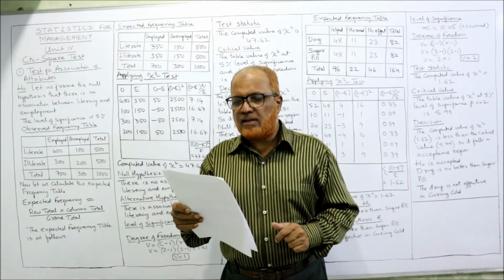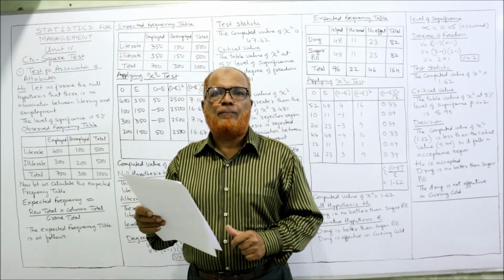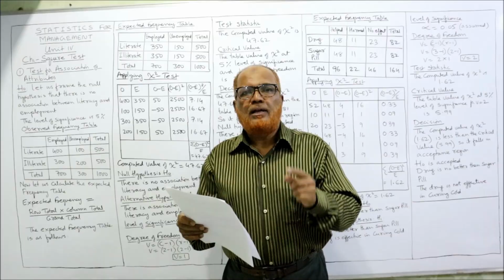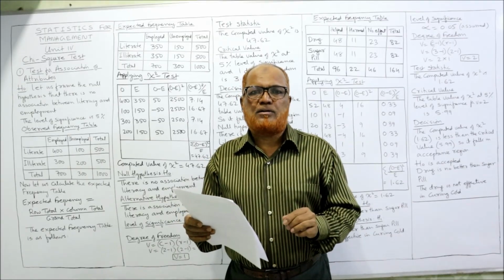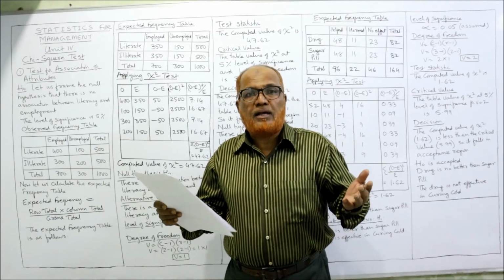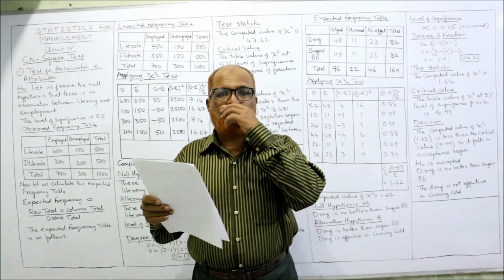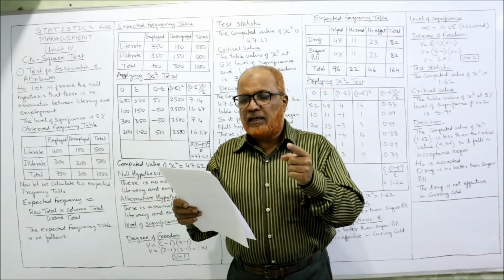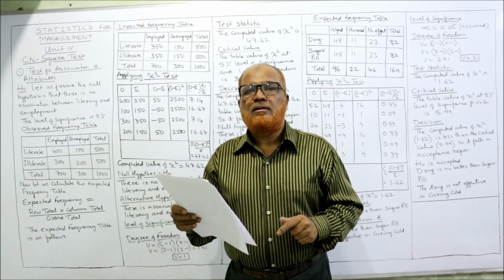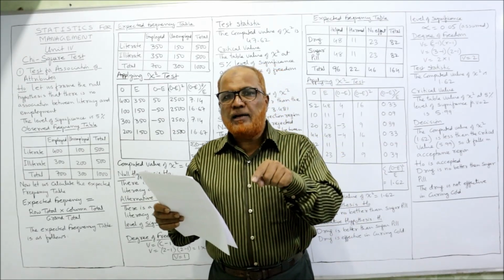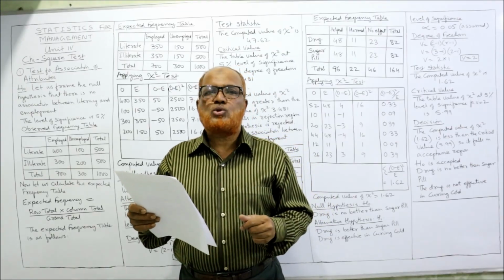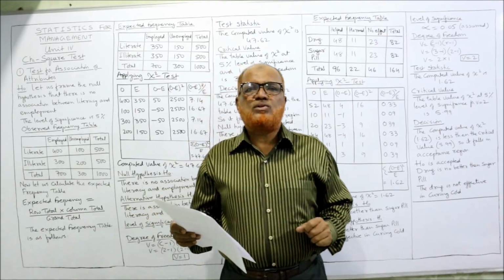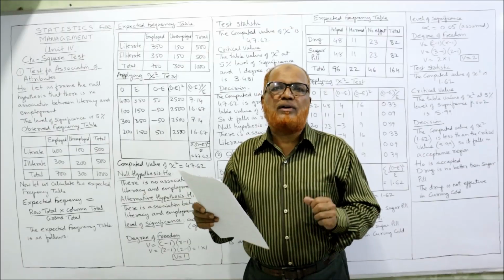We have taken a sample of 1000 people. Literate and employed, that means they are employed and literate, 400 people. Literate, unemployed, 100. Illiterate, employed, 300. And illiterate, unemployed is 200. These given frequencies are the actual frequencies.